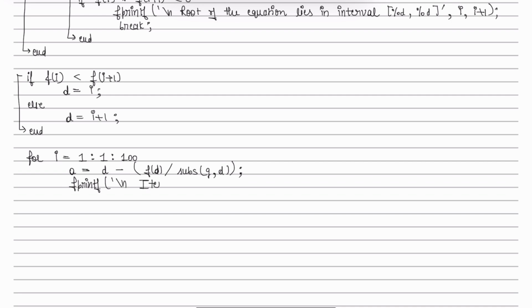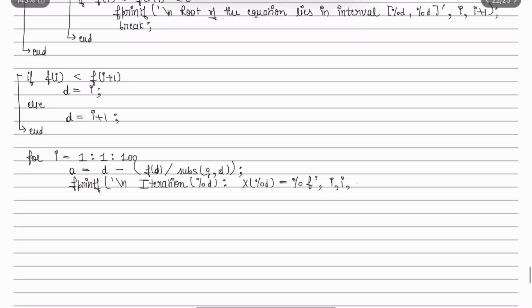Using the printing statement to print the iteration number and the corresponding xi value, and if the absolute value of the function at a is less than tolerance, then the stopping criteria is fulfilled and we will break the loop.